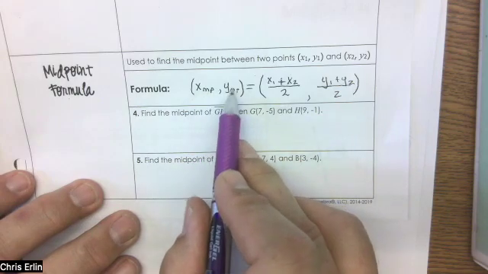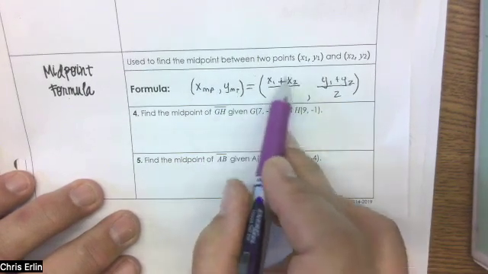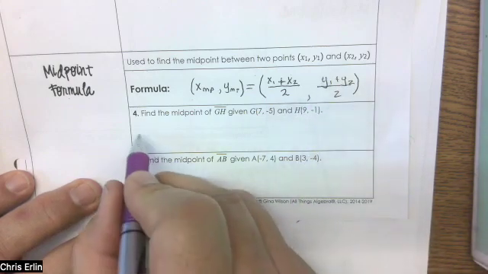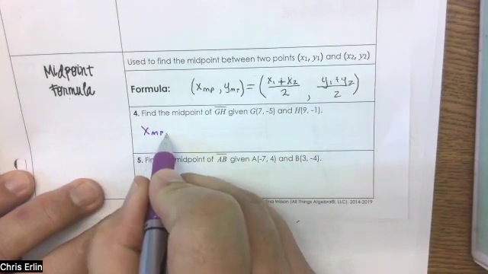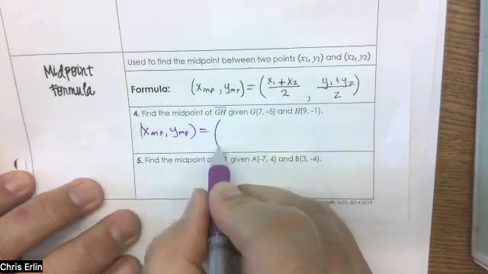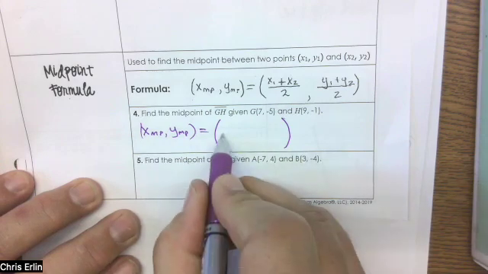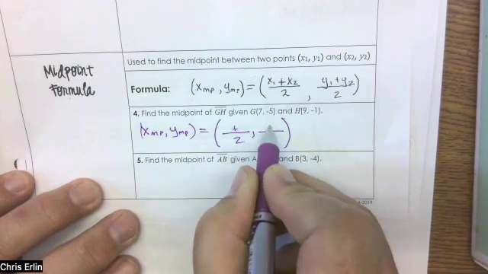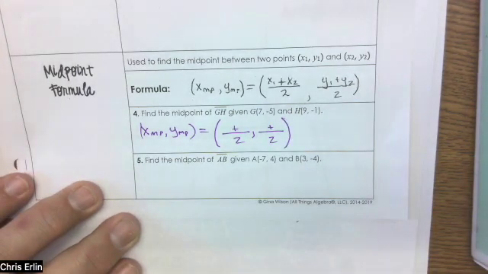The x of the midpoint, comma, y of the midpoint is the average of the x's, comma, average of the y's. So if I want to find the x midpoint, comma, y midpoint, I'm going to set it up like this. Everyone set this up, please, on your page.